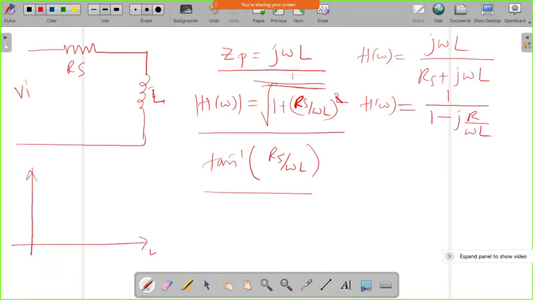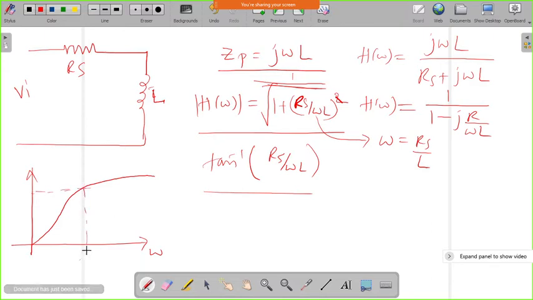So omega you can substitute: omega equal to Rs by L. If you substitute omega, which is nothing but Rs by L, you are going to get the response. Wherever you have Rs by L, you will get the resonance point, so you get a high pass filter like this.